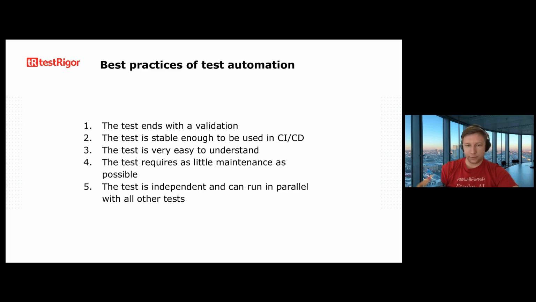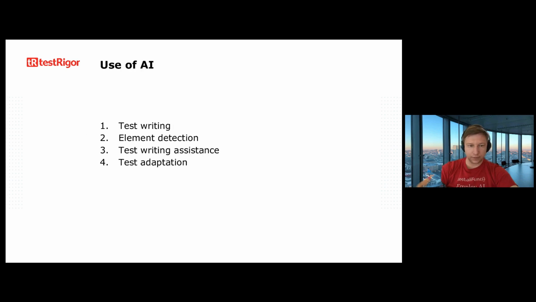However, sometimes it is impractical because it will take too much time, so you have to optimize and balance between how much you create and how much you rely on being in the database already, such that your test can be executed in parallel. And testRigor will basically make it very easy.